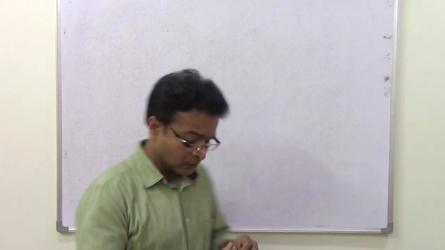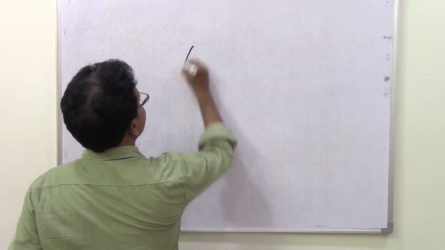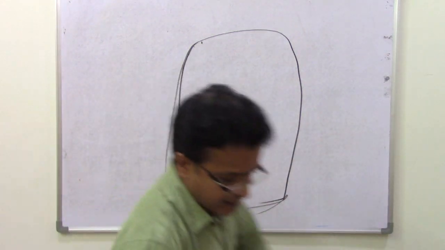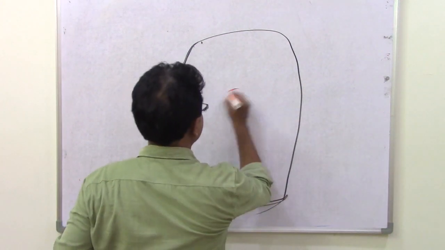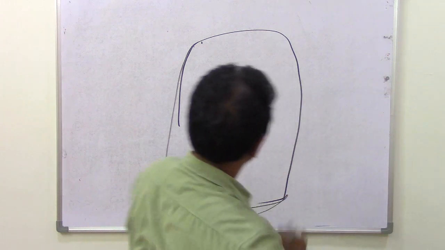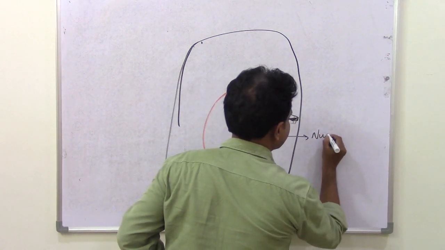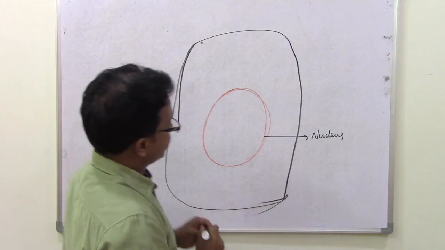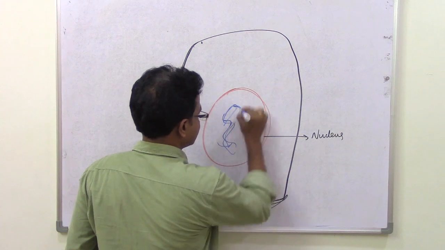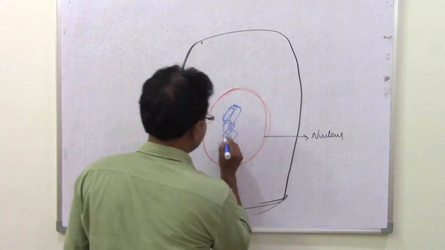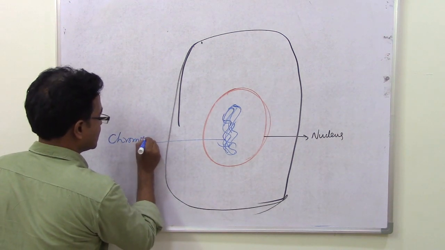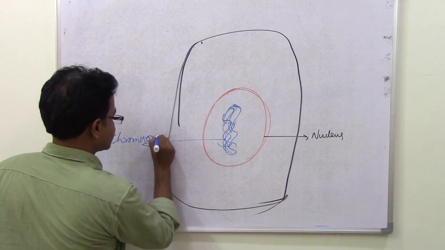Now, if you look at a cell, in the center we have the nucleus of the living cell, and in it we have the genetic material called chromosomes.